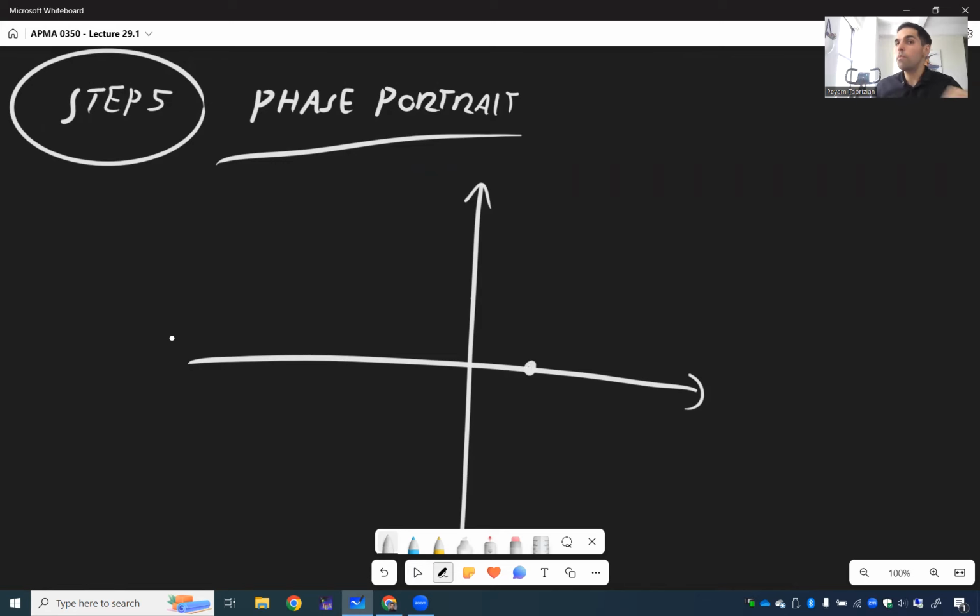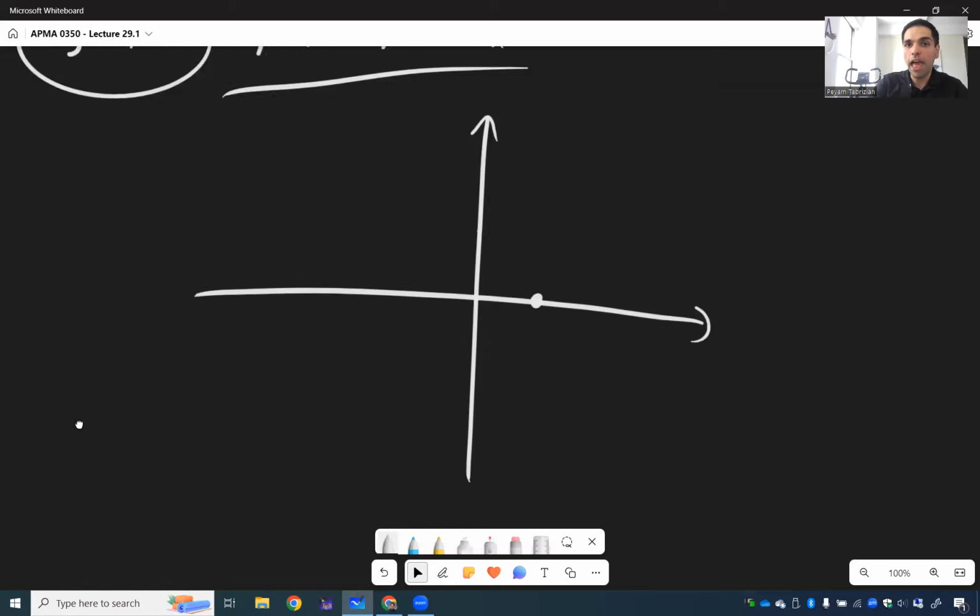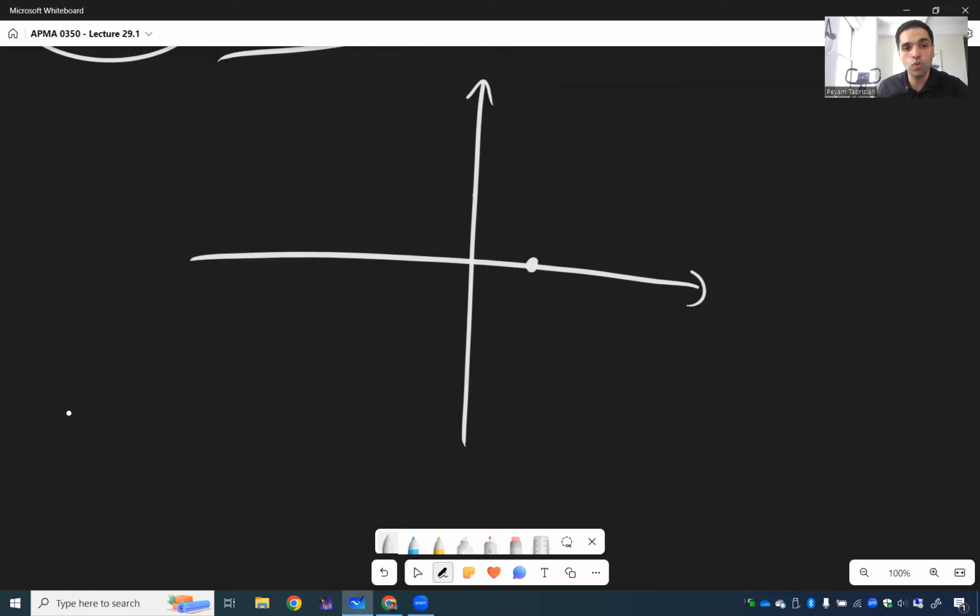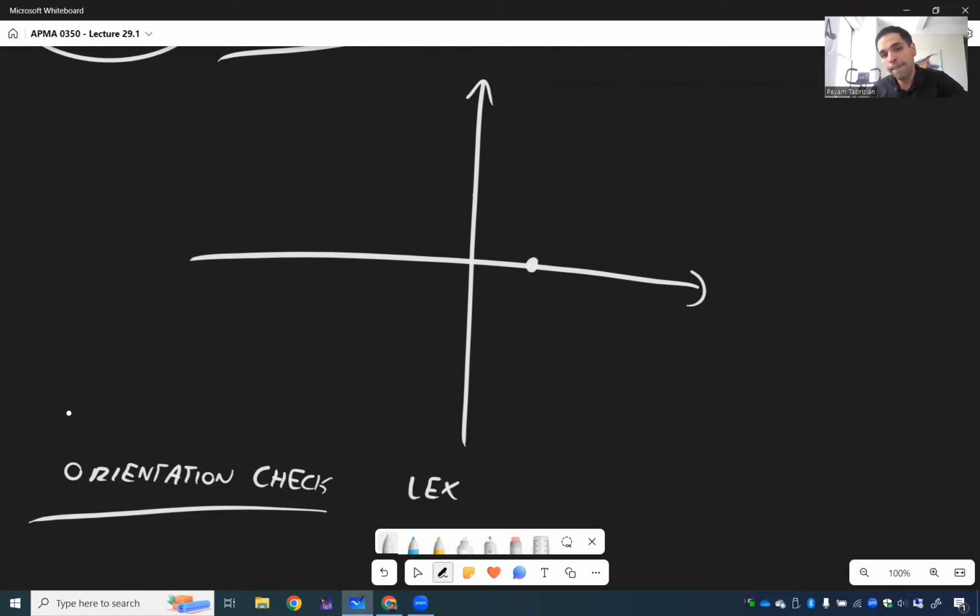So let's start with the point (1, 0) and see how the solutions curve. So orientation check. Let x0 be (1, 0).